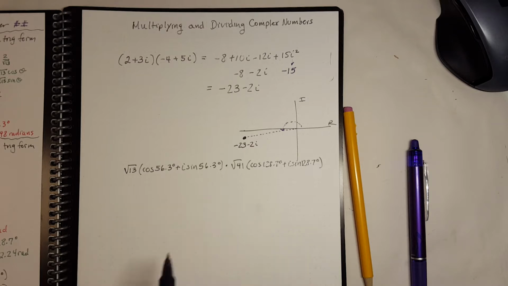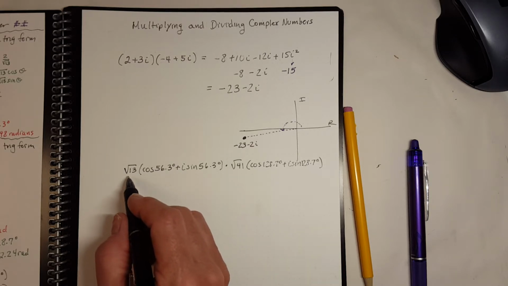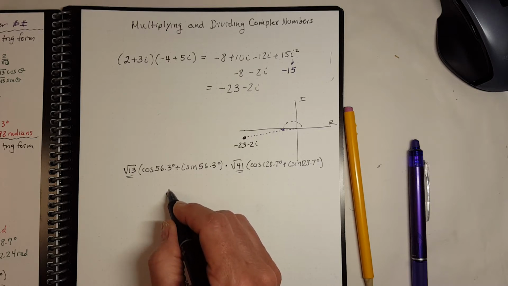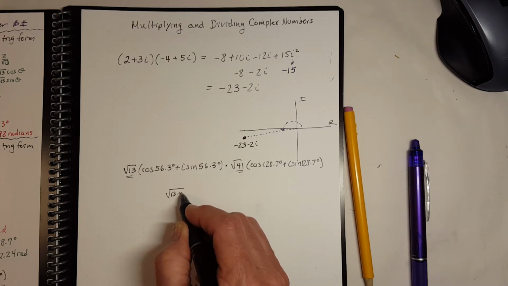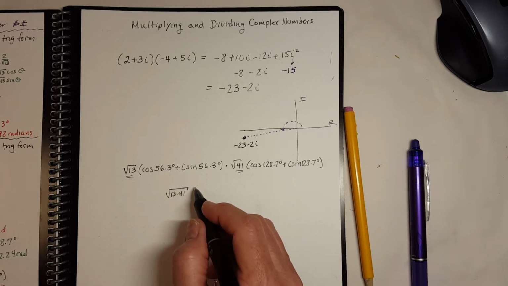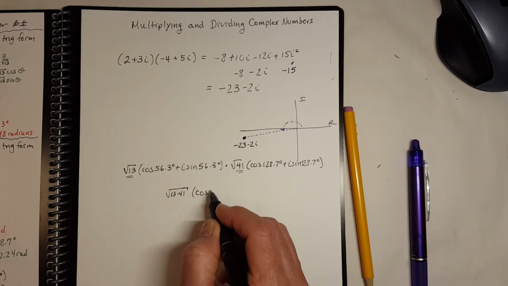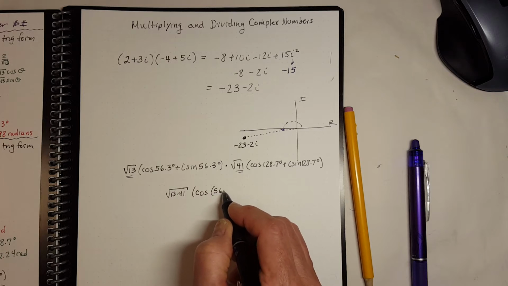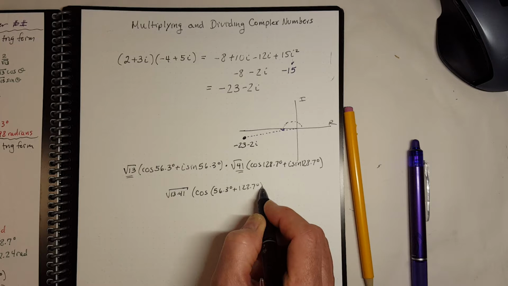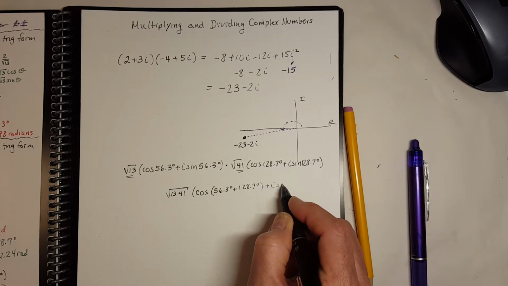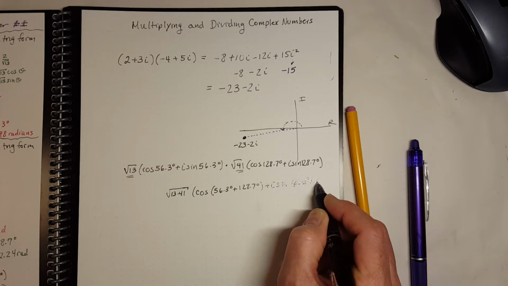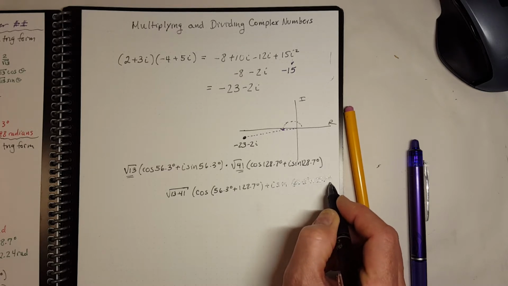Now when you multiply in the complex form, all you do is multiply the absolute values. So we would say the square root of 13 times 41. And then you add the arguments. And so we would say cosine of 56.3 degrees plus 128.7 degrees plus i sine 56.3 degrees plus 128.7 degrees.